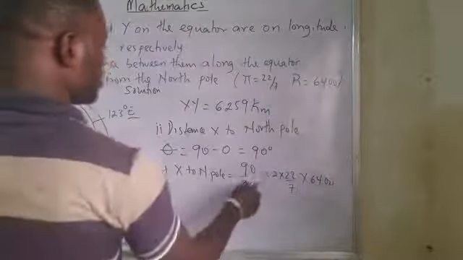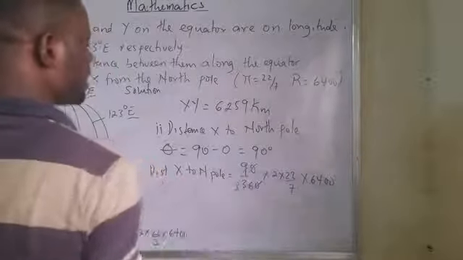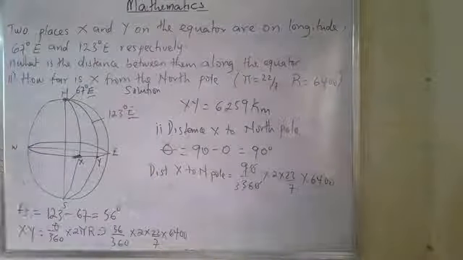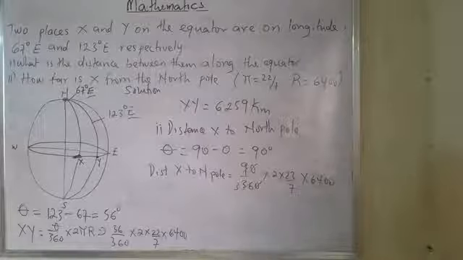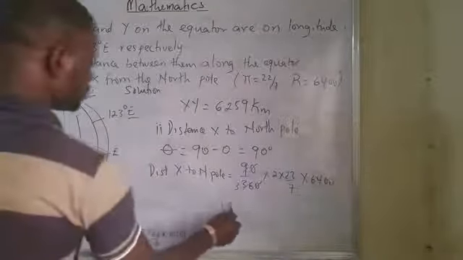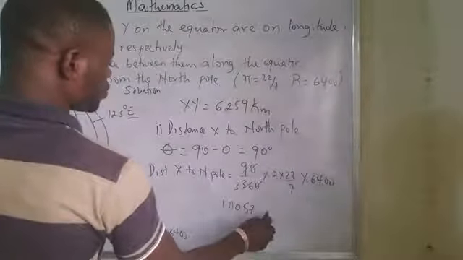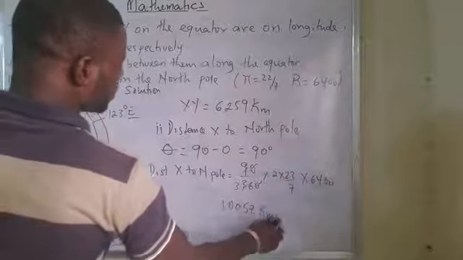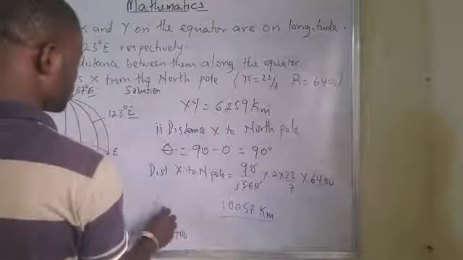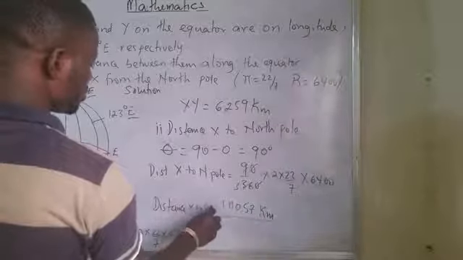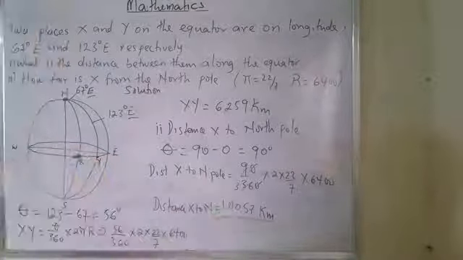I don't need to stress myself with cutting, which gives 11 over 2 multiplied by that, which will be 10,052 kilometers. That is my distance from X to the North Pole. That is all about that.